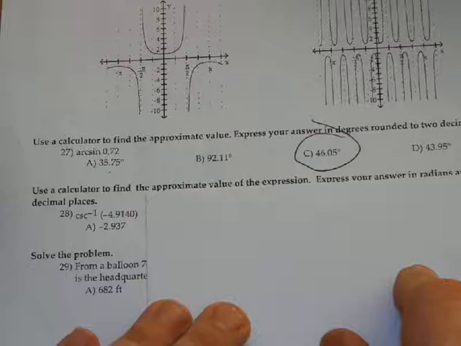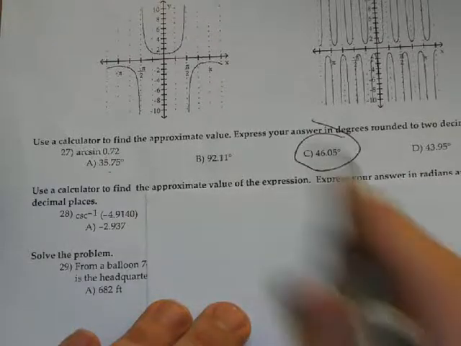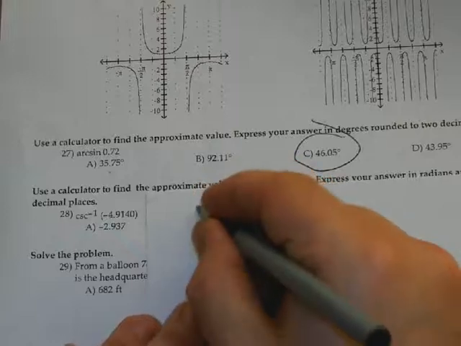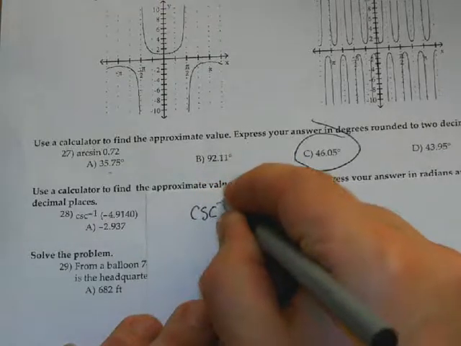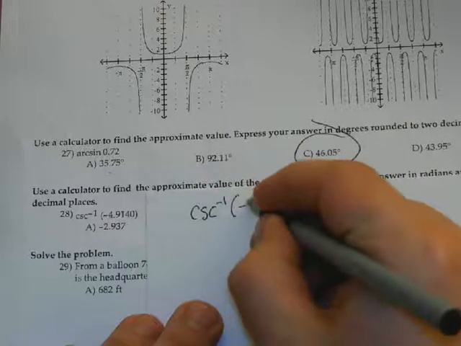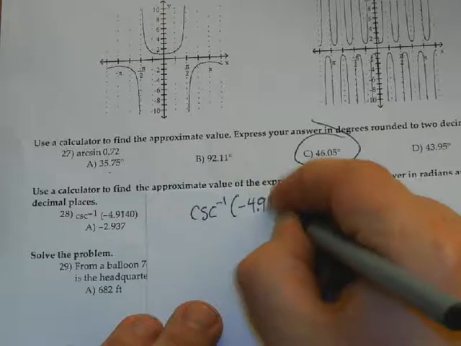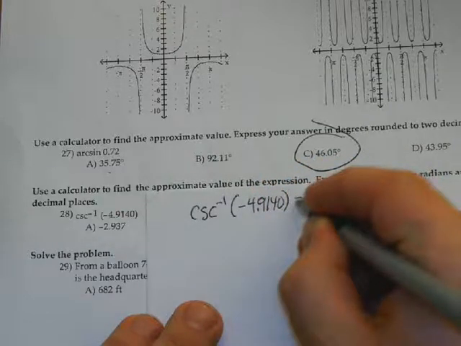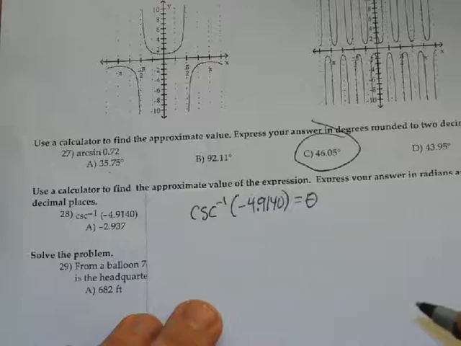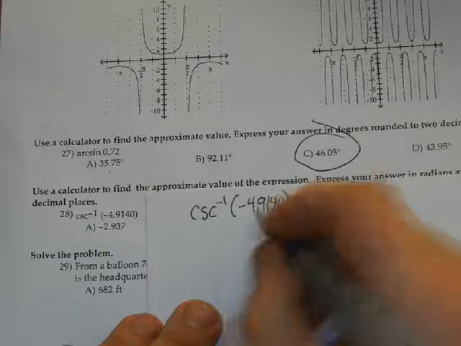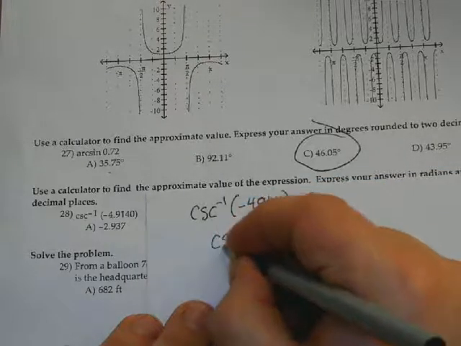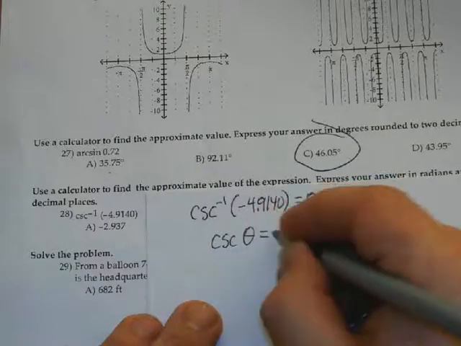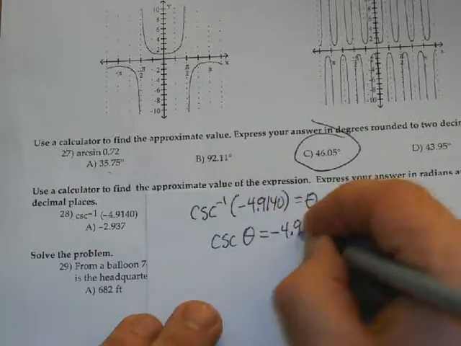Now, I did mention in a couple of the classes that number 28 didn't have the right answer there. So to show you how to get the right answer, I'm going to first rewrite the question. I know that that's going to be equal to theta, the angle we're looking for. So then I can say, oh, well, cosecant theta is equal to negative 4.9140.